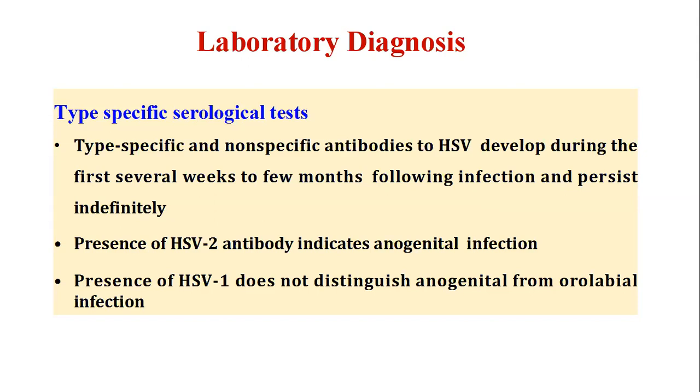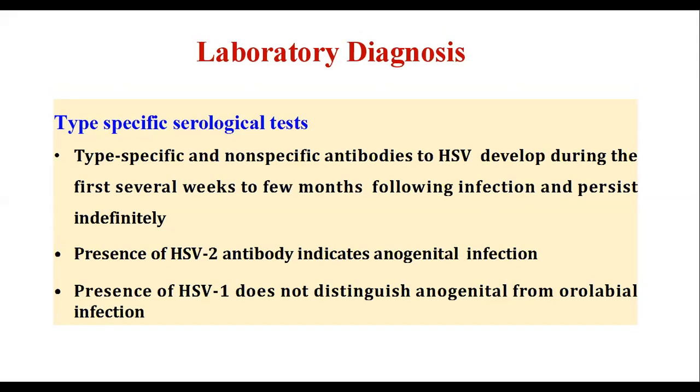Presence of HSV2 specific antibody indicates anogenital infection, and presence of HSV1 does not distinguish anogenital from oral infection.